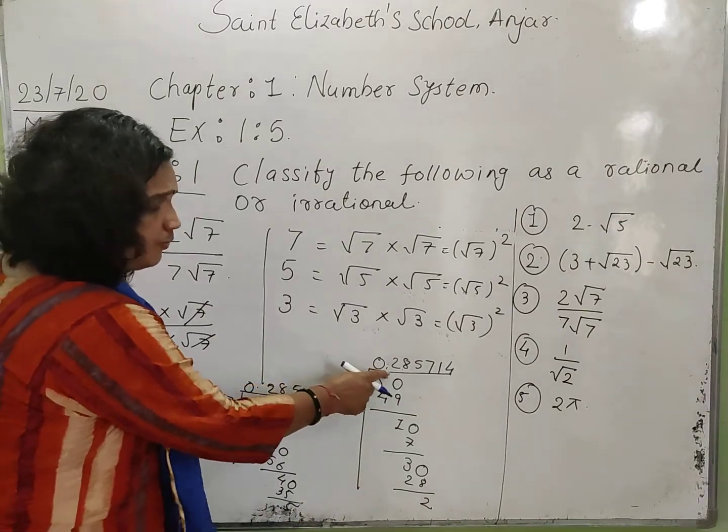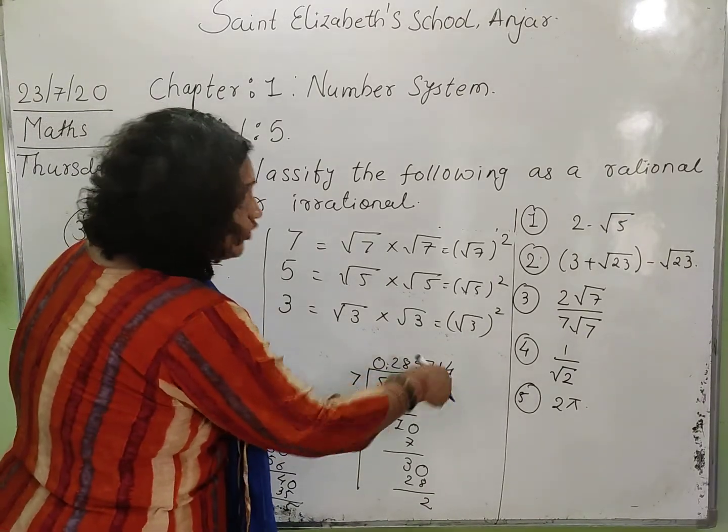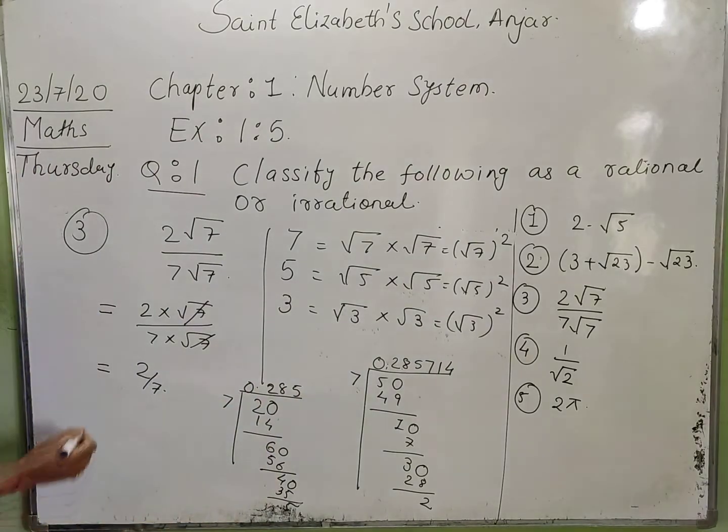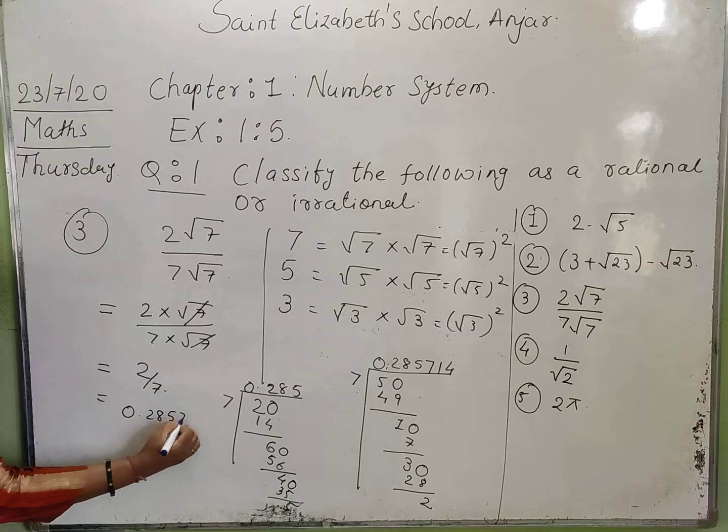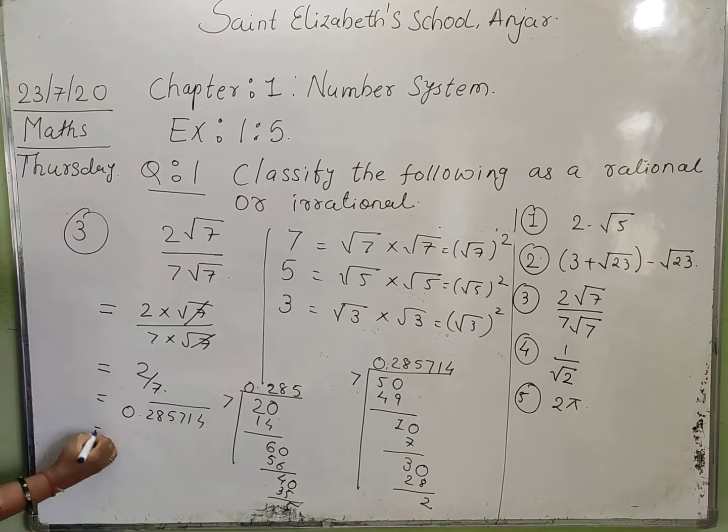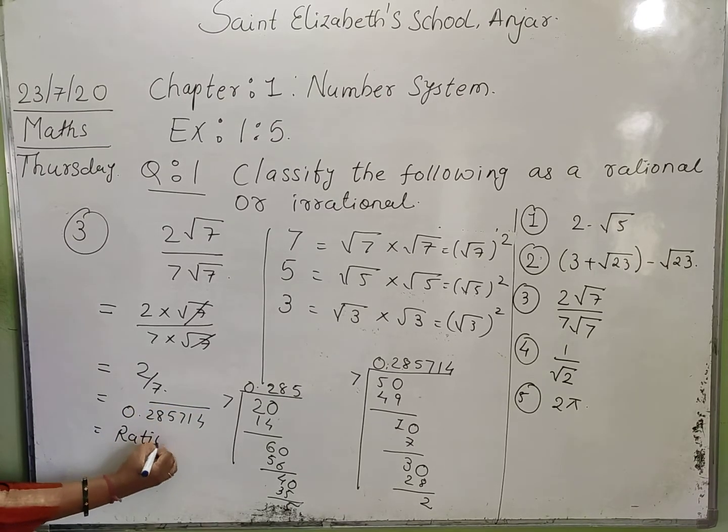So it is 0.285714 and then again it repeats. So this is a non-terminating but recurring value. So this is a rational number.